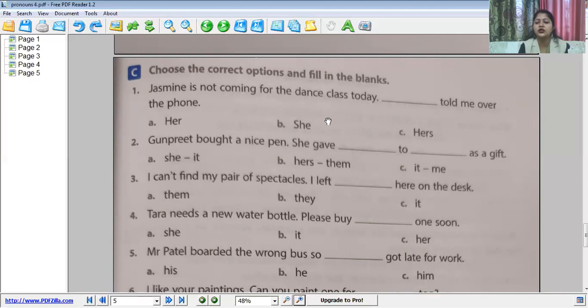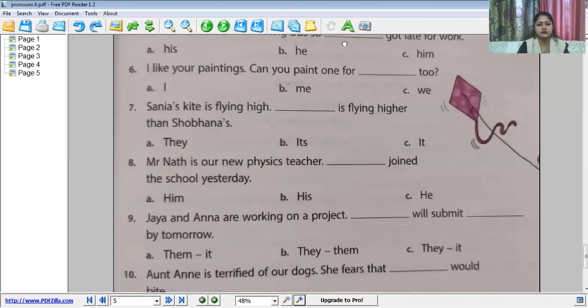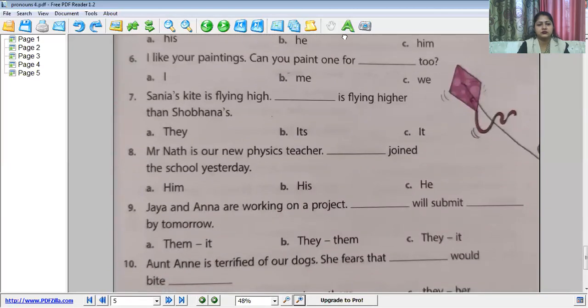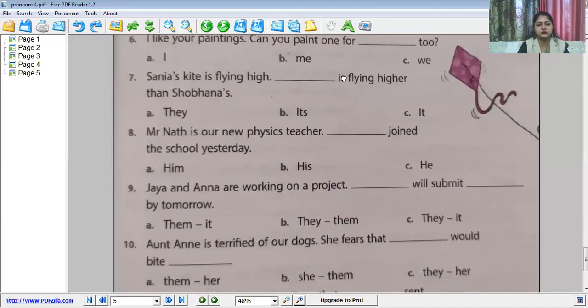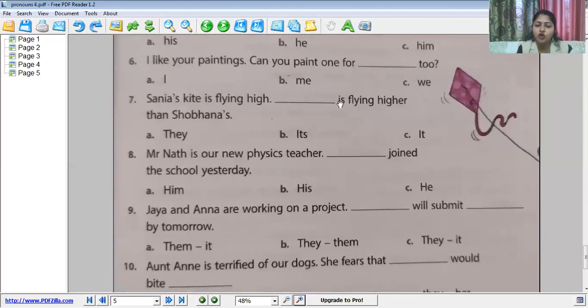So he got late for work. Let's see the next one. I like your paintings. Can you paint one for dash too? For me too. Okay? When you're using I, you're using for me too.